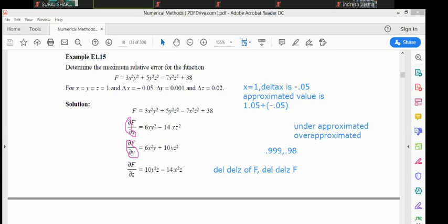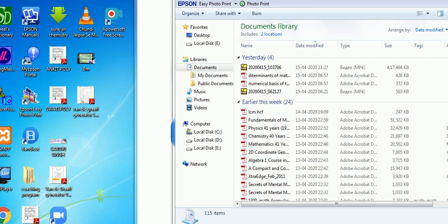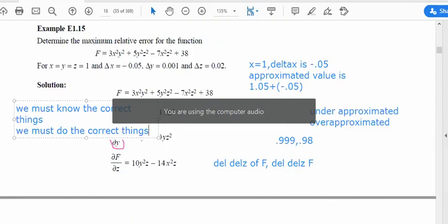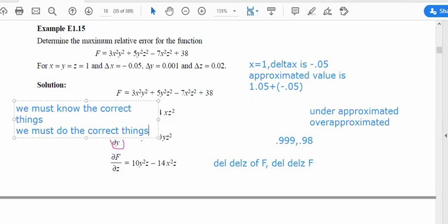These are the lessons for us. We must know the correct things, and we must do it, meaning we must take the correct name.